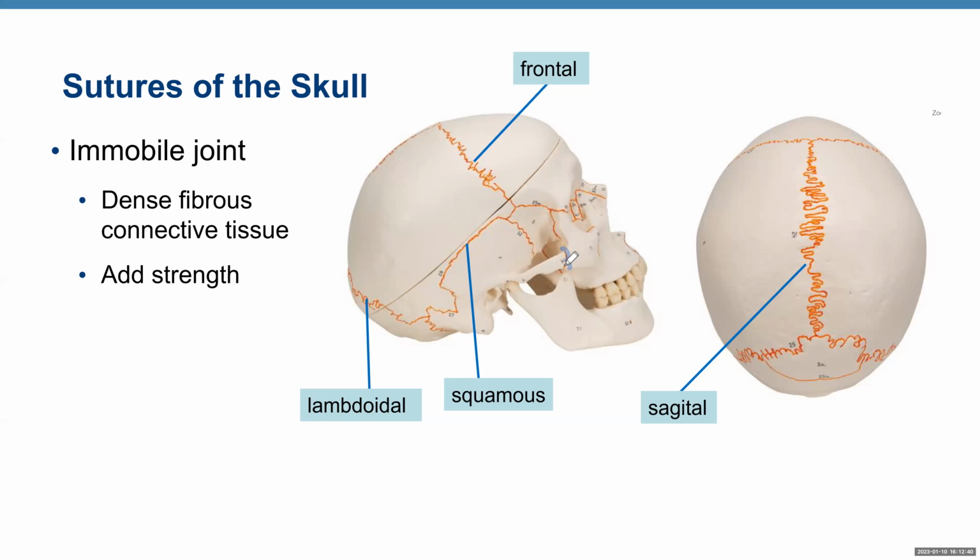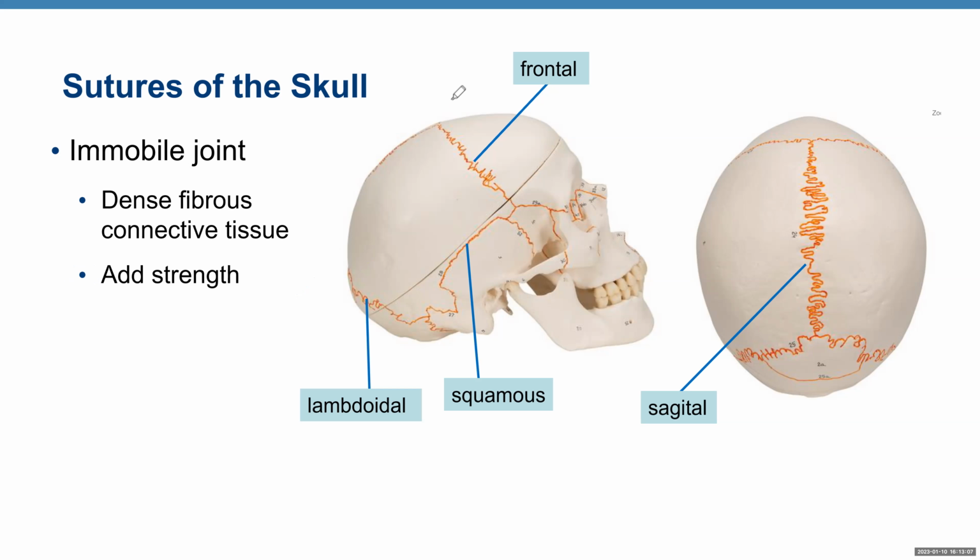Those lines are actually joints. They're called sutures. Sutures are immobile joints. That means there is no movement between the bones connected through sutures. Sutures are made of dense, fibrous connective tissue, and they add strength to the structures.